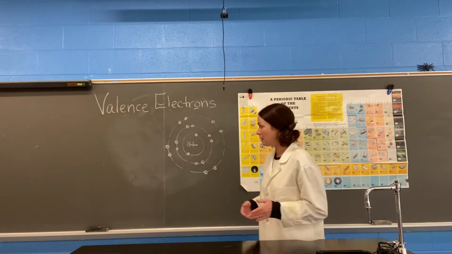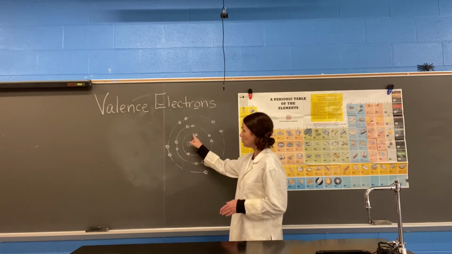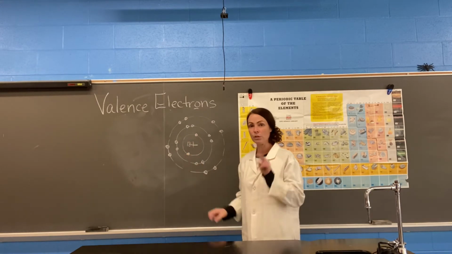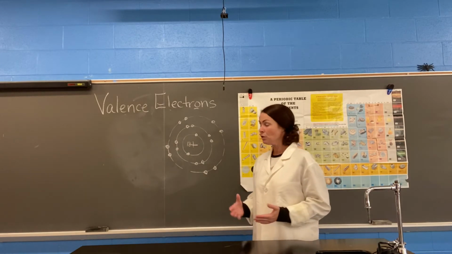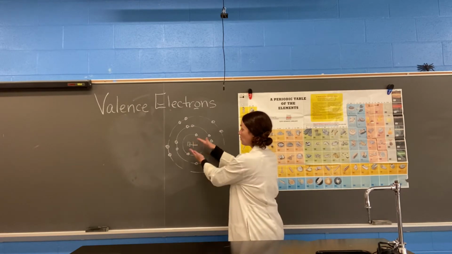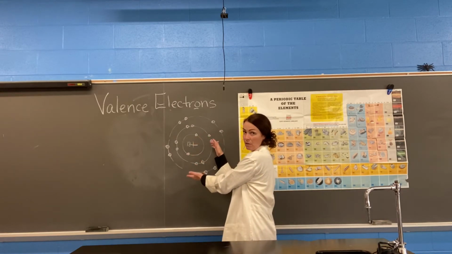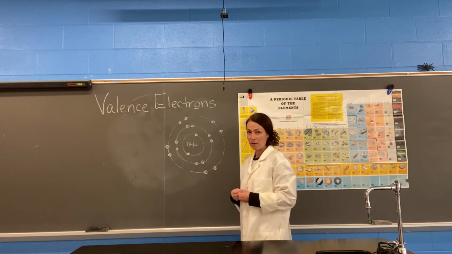Niels Bohr said that if you have the first energy level closest to the nucleus, it can hold 2 electrons, and then it's filled up. So once there are 2 electrons in this first energy level, we overflow into the second energy level. And in that second energy level, we can have 8 electrons, but then that energy level is full.